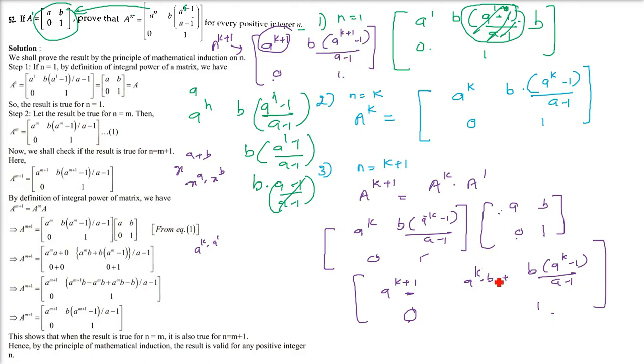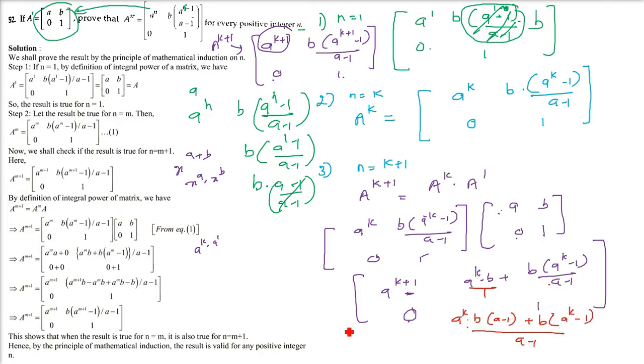So let us see this. I am doing it here. I am taking the LCM a minus 1. So this will be a raised k b into (a minus 1) plus b into (a raised k minus 1).